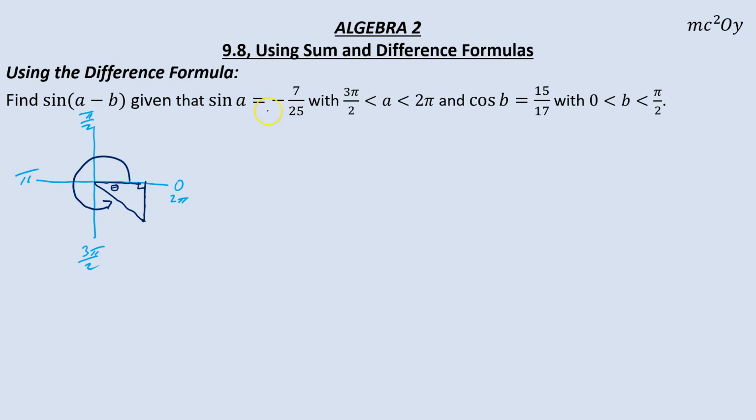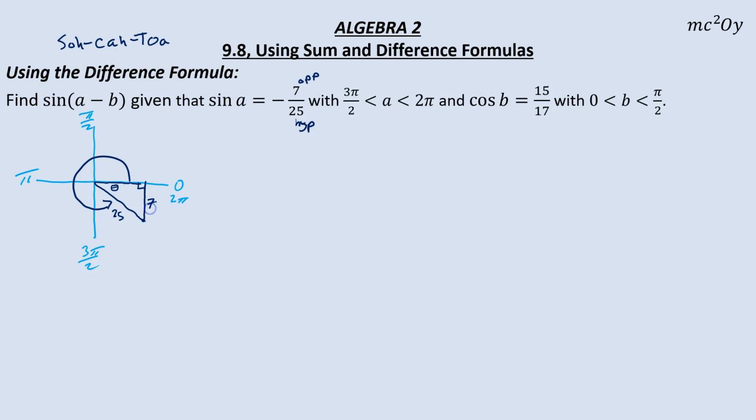Remember, if we think of SOHCAHTOA, sine is equal to opposite over hypotenuse. So that means the side opposite theta is 7 and the hypotenuse is 25. That's going to be my sine value.